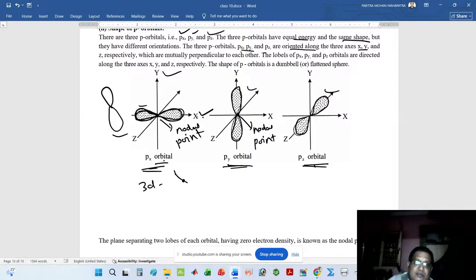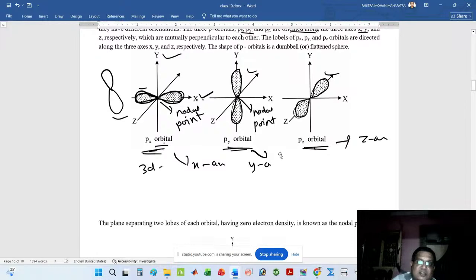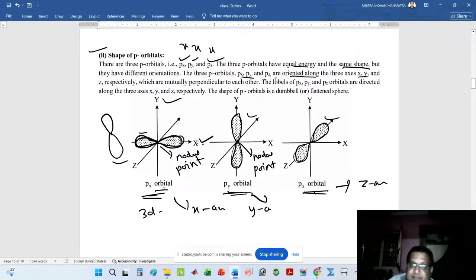Px is related to the x-axis, py related to the y-axis, pz related to the z-axis. So here we can say that the three p orbitals px, py, and pz are oriented along the three axes x-axis, y-axis, and z-axis, which are mutually perpendicular to each other.